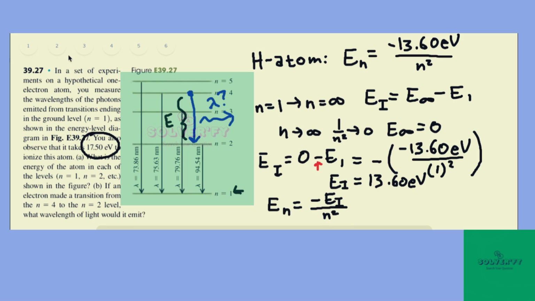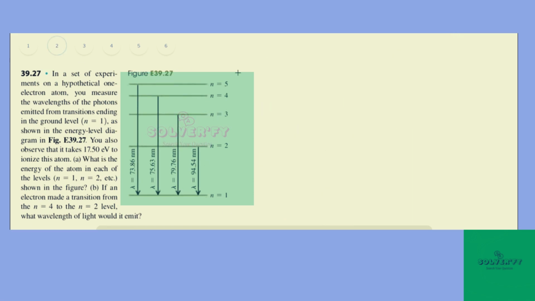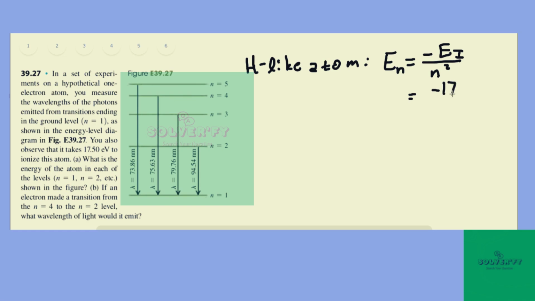And now we can move on to our hydrogen-like atom. And we guess that the energy levels of this atom are going to be negative the ionization energy over n squared, which is just negative 17.50 electron volts over n squared.